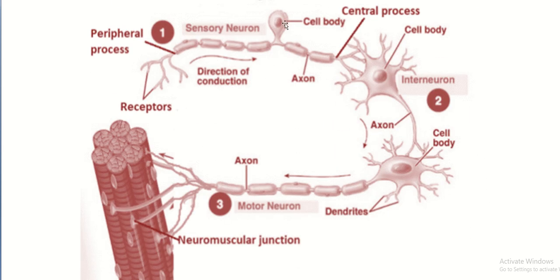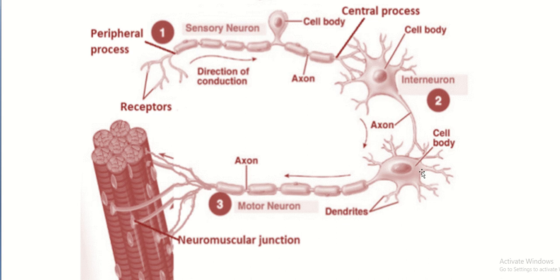So this is a pseudo-unipolar sensory neuron, one process divided into two. This is the peripheral process, this is the central process. The terminal portion of the peripheral process forms a specialized structure, a receptor, which receives sensory information, and this sensory information is carried by the peripheral process. Then the central process sometimes synapses directly with the motor neuron and sometimes with the interneuron.